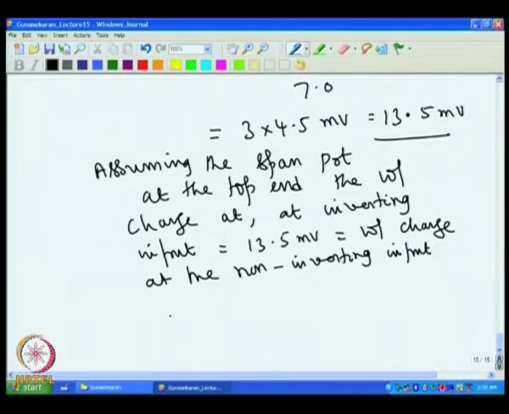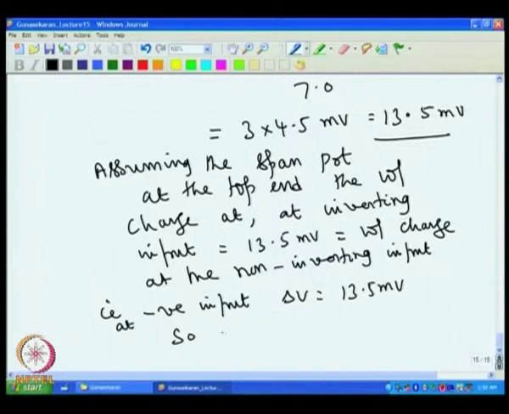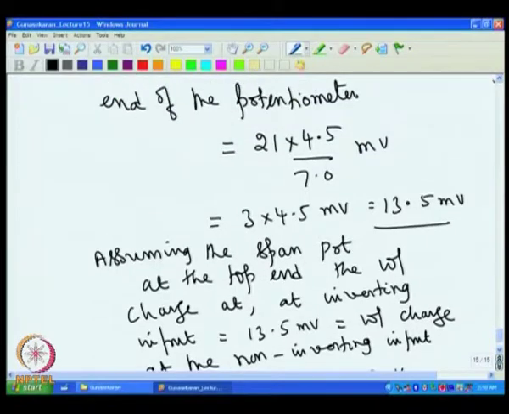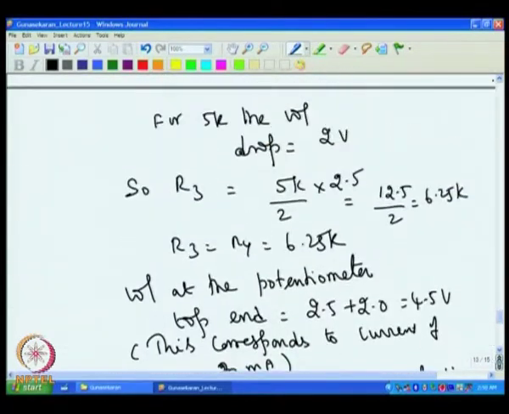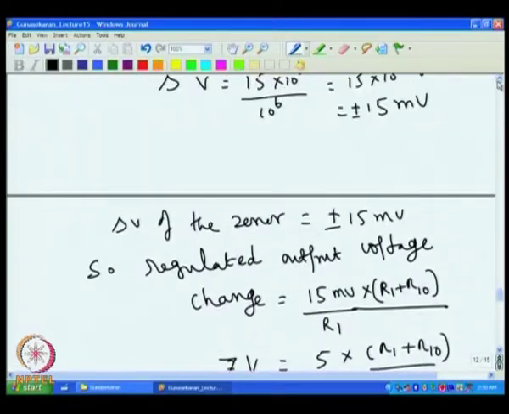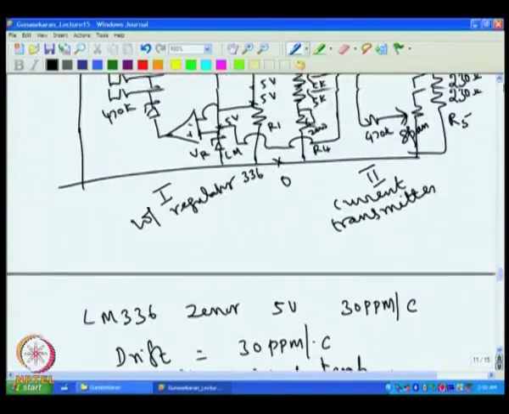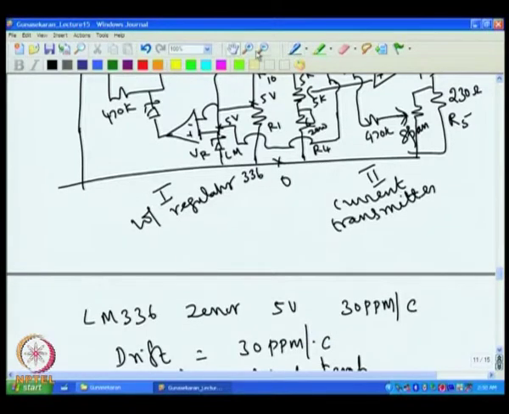At the negative input, delta V is equal to 13.5 millivolt. So the voltage change across R5, that is the 235 ohm resistance. R5 is this 235 ohm resistance.